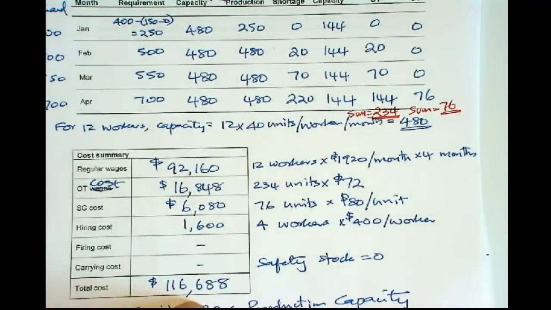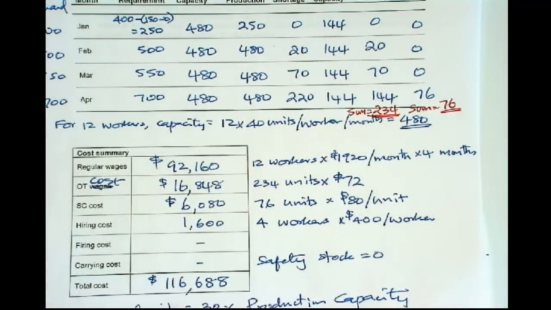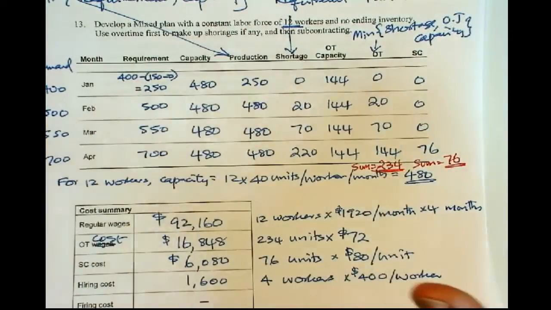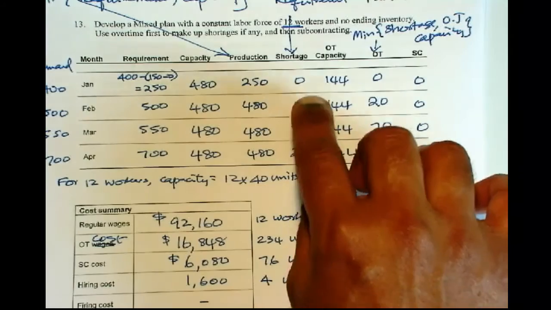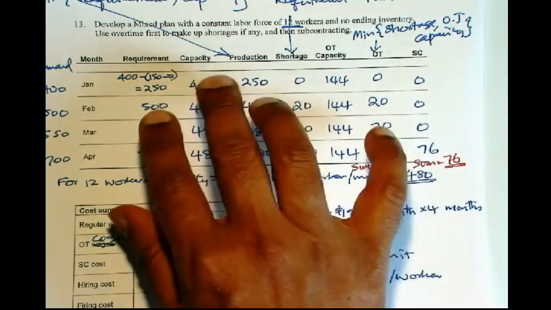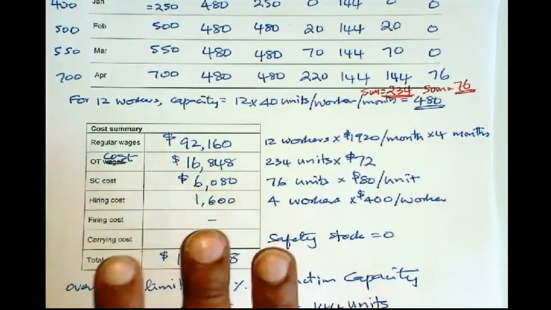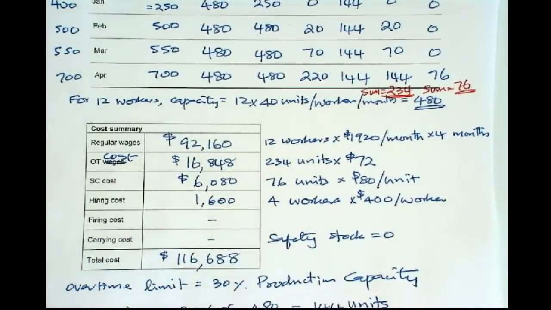Now, even though the mixed plan is more expensive by about $12,000 or $9,000, this may still be preferable because you have level plan, no inventory, and you still have some additional capacities available.